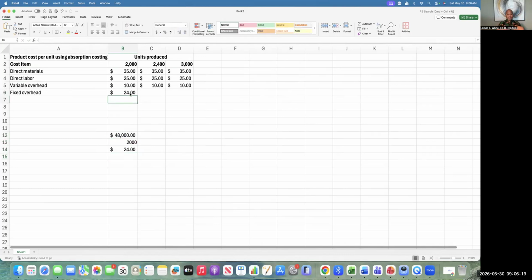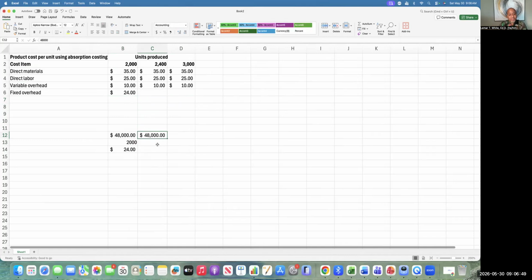So at 2,000 units produced, I'm still going to incur $48,000 of fixed overhead, but my per unit cost is going to be 48,000 divided by 2,000 to give me the cost per unit. At a 2,400 production level, it's going to be the same 48,000. However, now I'm producing more units.